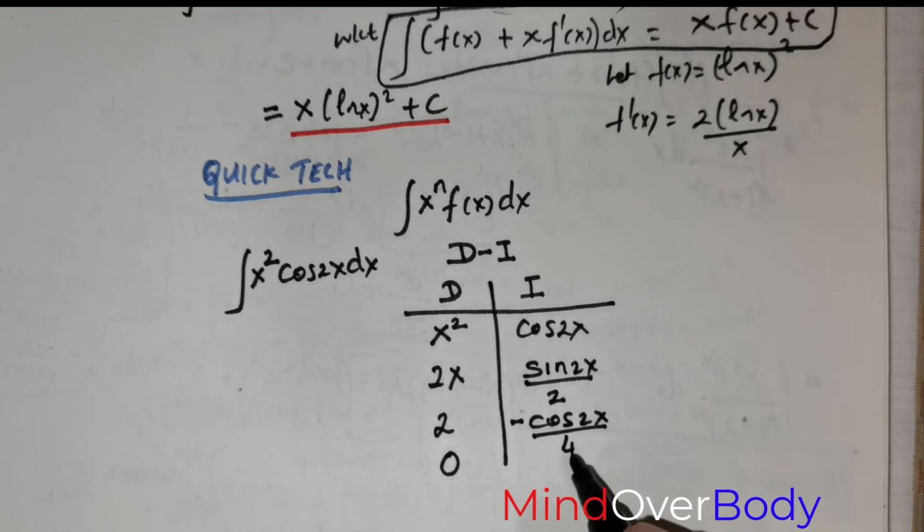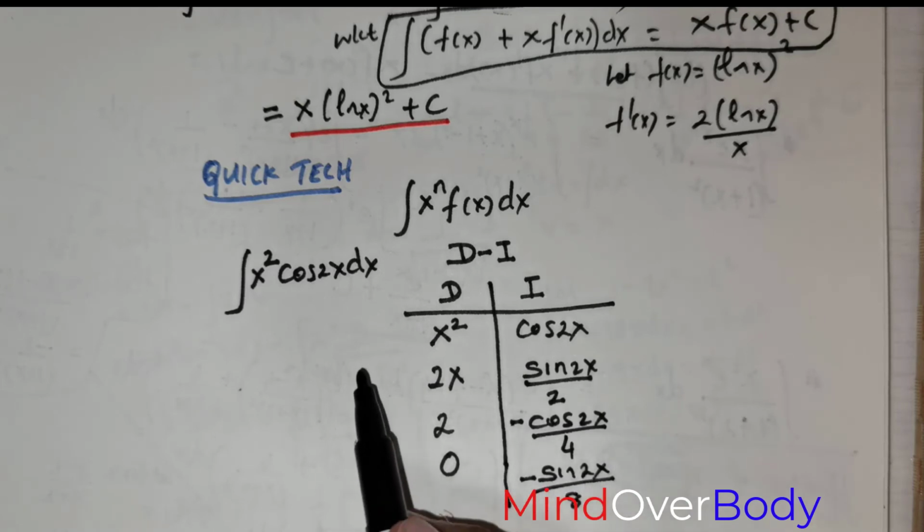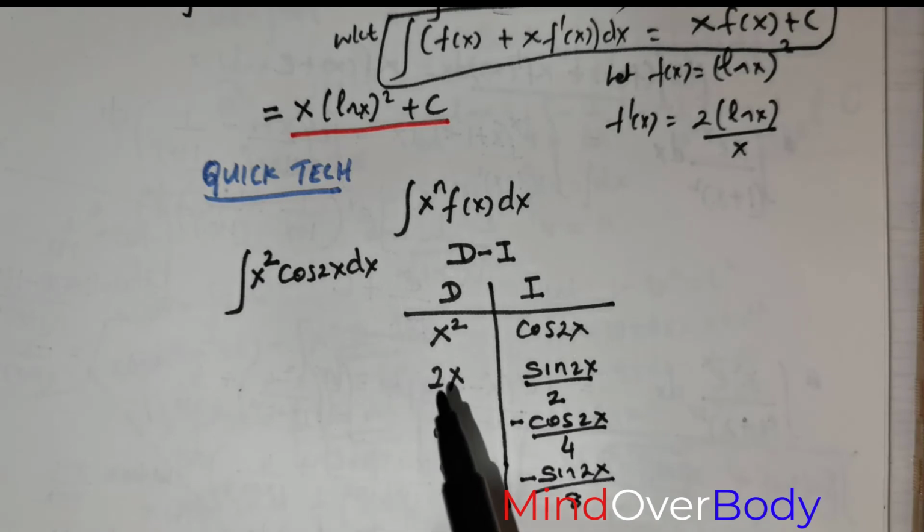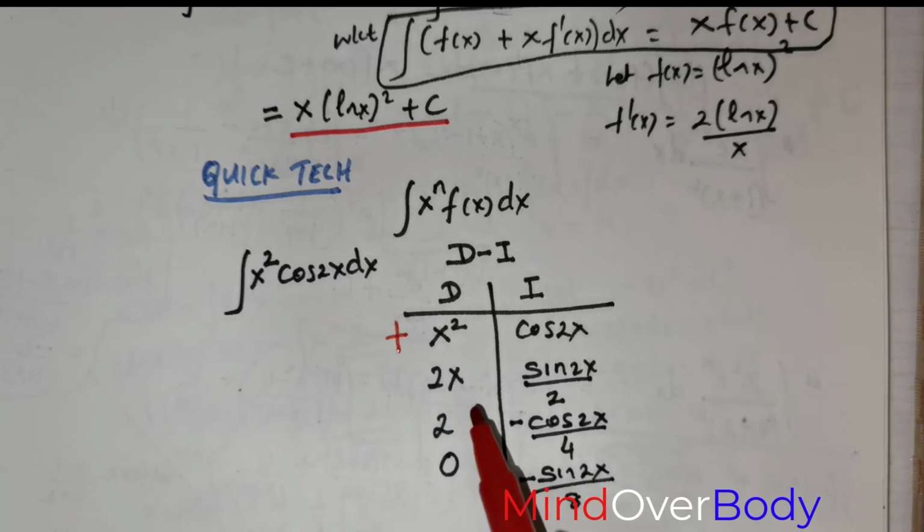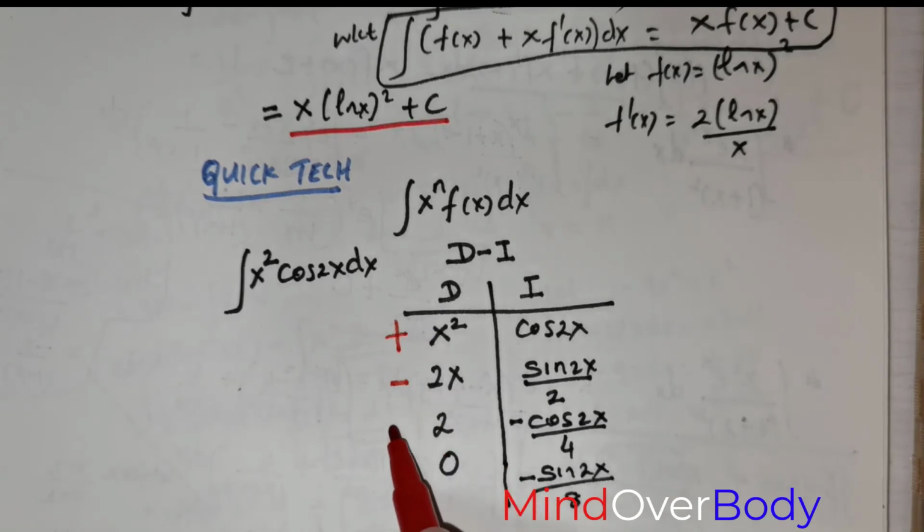That's fine. Next is integrating this quantity. The integral of cos 2x gives sin 2x. The coefficient of x is 2, so that's going to be 8, but the sign is retained as it is. So this is the table that we have got. Now with regard to the sign component, we start off with a positive sign, followed by a negative sign, a positive sign and a negative sign, alternating.